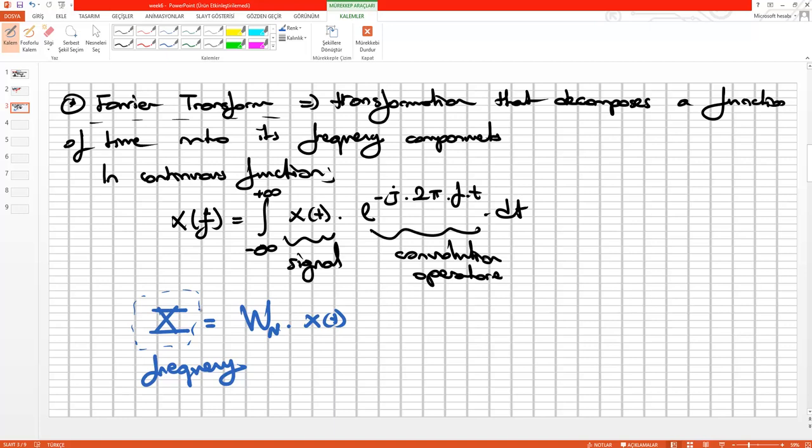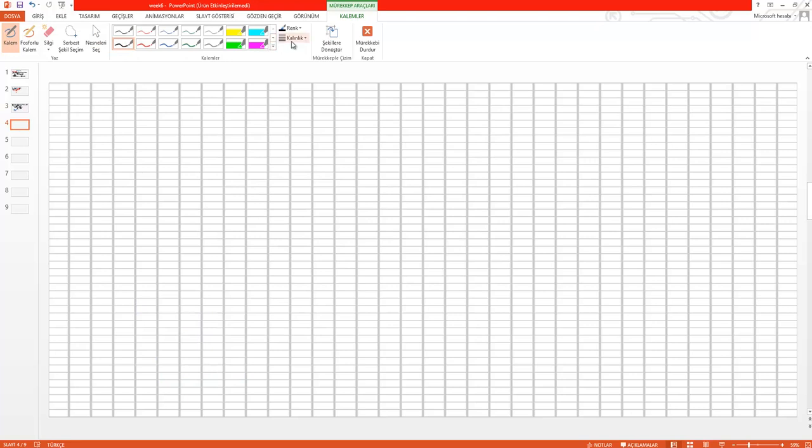Don't be afraid of the integral. This is just the discrete form. We have the kernel matrix in here, and this matrix multiplies with the x, and then we will get the X(f) values, the frequency values. This is the transformation. Okay? But how can we represent this form in matrix multiplication form?